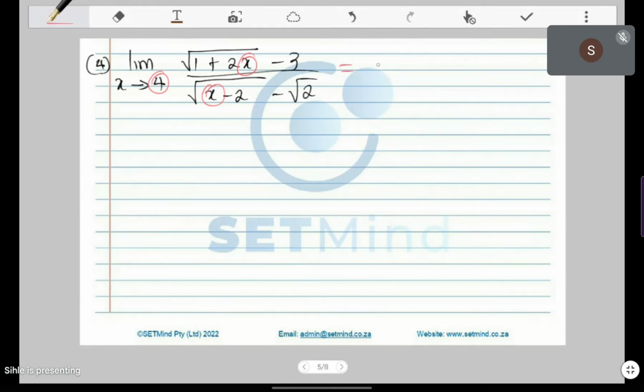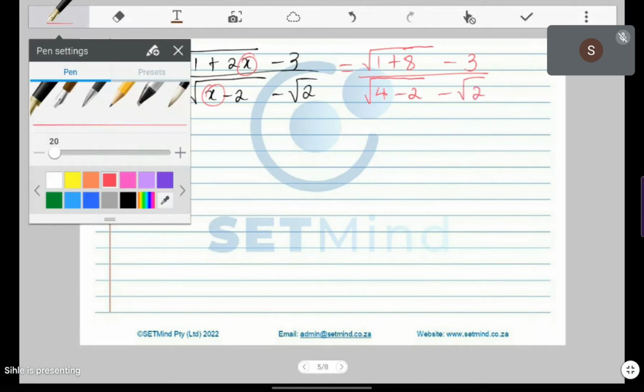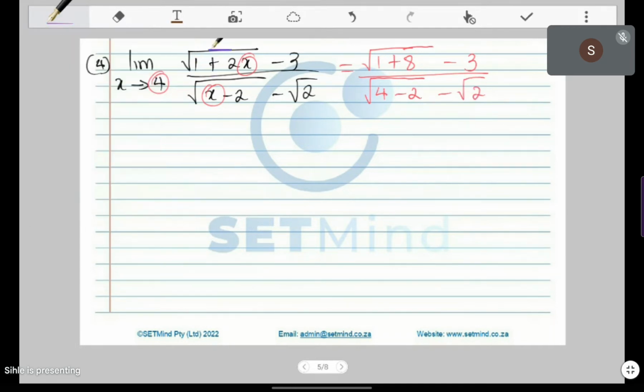If we do so, I'm going to get the square root of 1 plus 4 times 2, which is 8, minus 3, over the square root of 4 minus 2, minus square root 2. And if you look carefully here, your answer will be 0 over 0. Because this will be 9 and the final answer from this square root will be a 3, and this will simply be square root 2. So square root 2 minus square root 2 is 0 over 0.